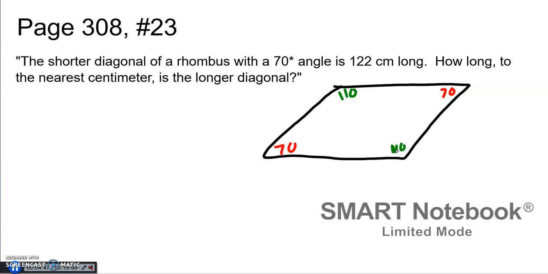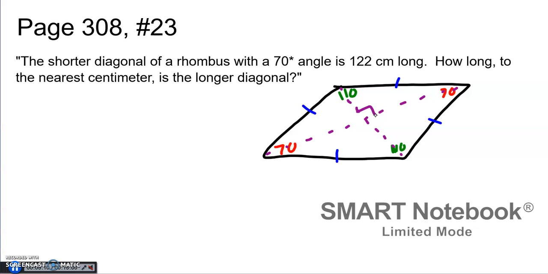Let's think about properties of a rhombus. All sides are equilateral, and their diagonals are perpendicular. So we have perpendicular. So now we can just create a smaller triangle and fill in some of the values that we know.